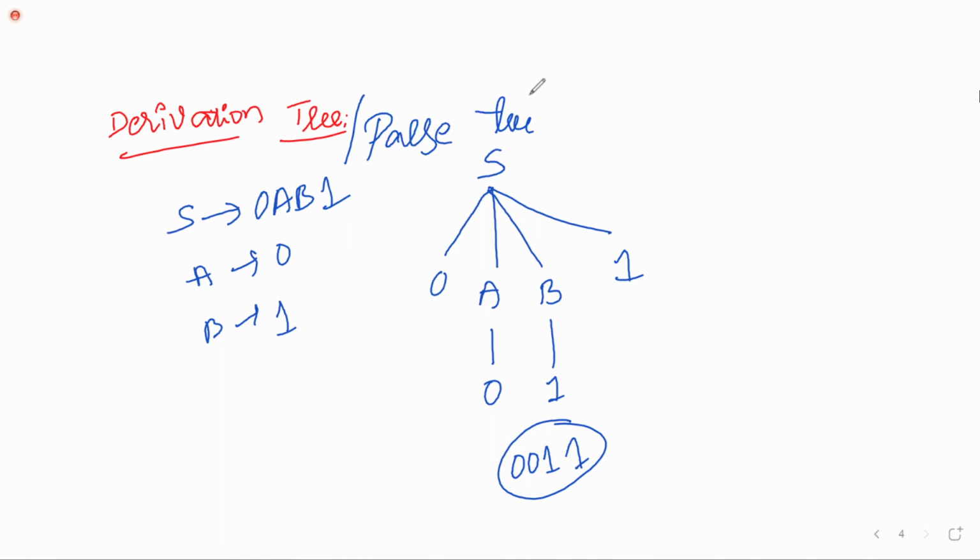Derivation tree or parse tree. We'll see one more example. S tends to AAS or A or B; S tends to AAS or A or SS, SBA or BA.